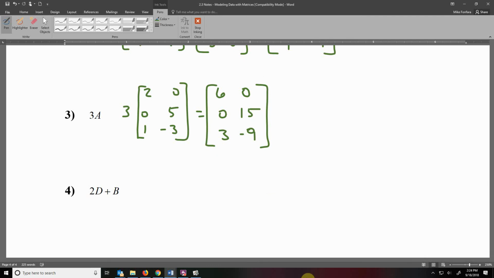Okay, then it's 2 times matrix D. So it's 2 times 2, 9, -5, 0, plus matrix B, 5, -2, -1, 4.